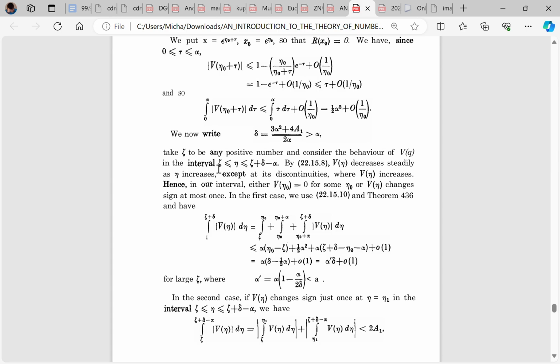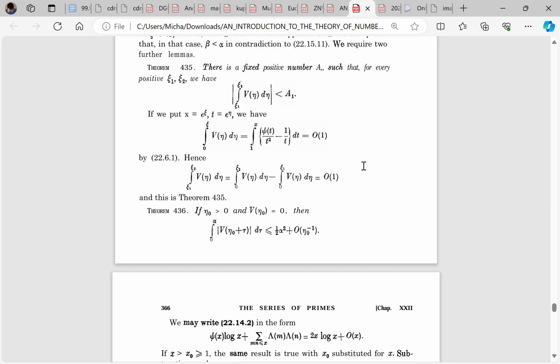Okay, so here, zeta to be any positive number, consider the behavior of v of eta. Okay, so v of eta in this interval, apparently it decreases steadily as eta increases, except that at discontinuities v of eta increases.